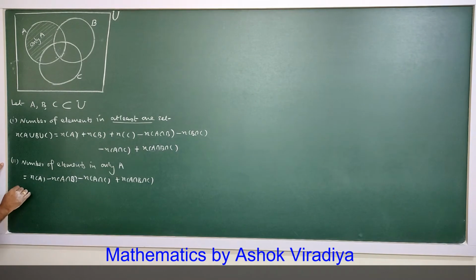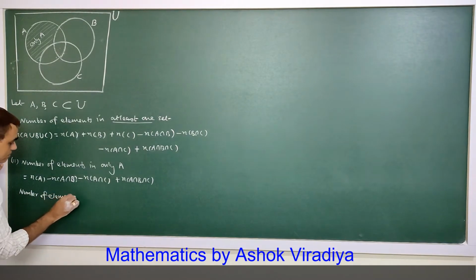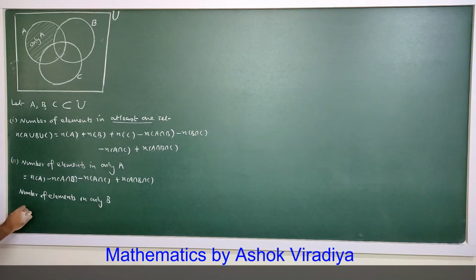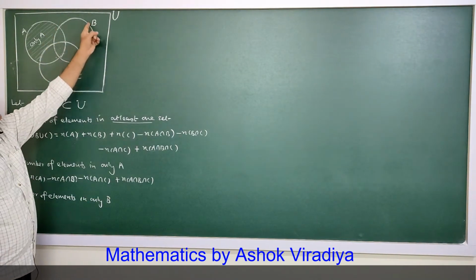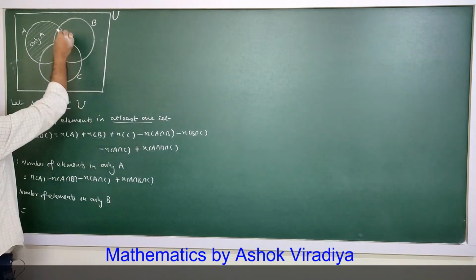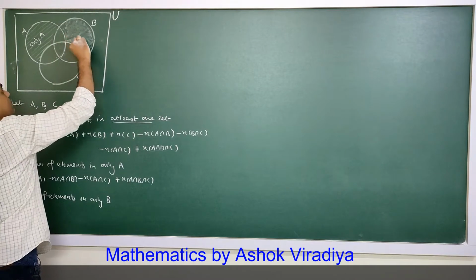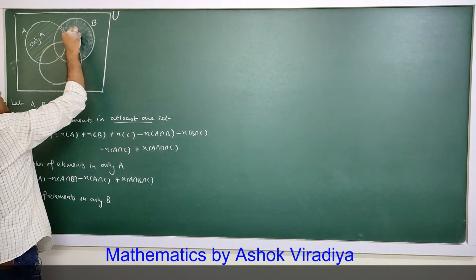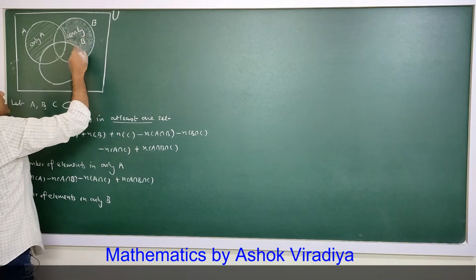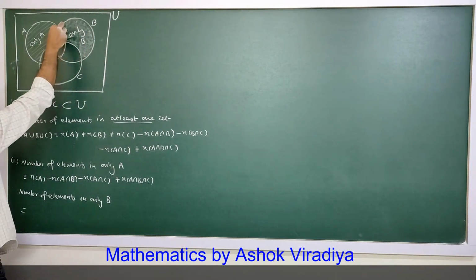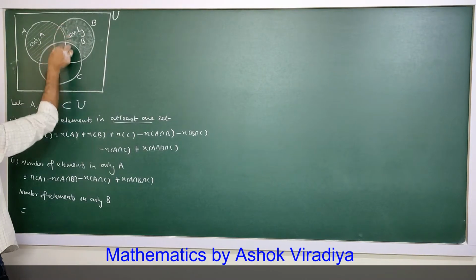Similarly, number of elements in only B. So this is only B. Number of elements in only B. This part is only B. It is equal to elements in B minus A intersection B. So this is removed.